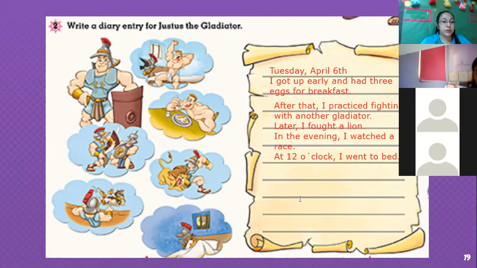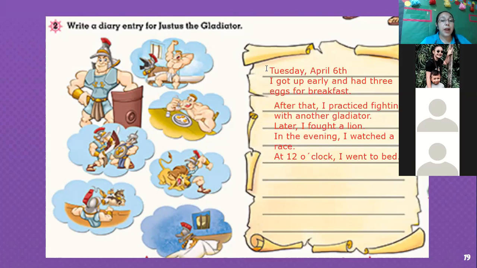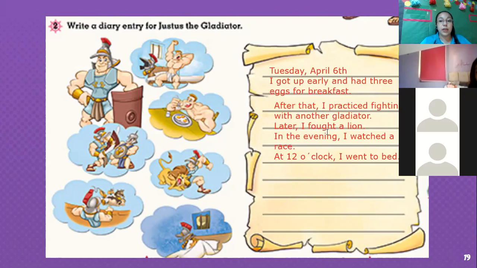We write in first person. Yes, because we use the pronoun I. We write the verb in past. Yes, okay. Got is the past tense of get. Okay, had is the past tense of have. Practiced is the past tense of practice. Okay, so we follow all the steps that you copied in your notebook.